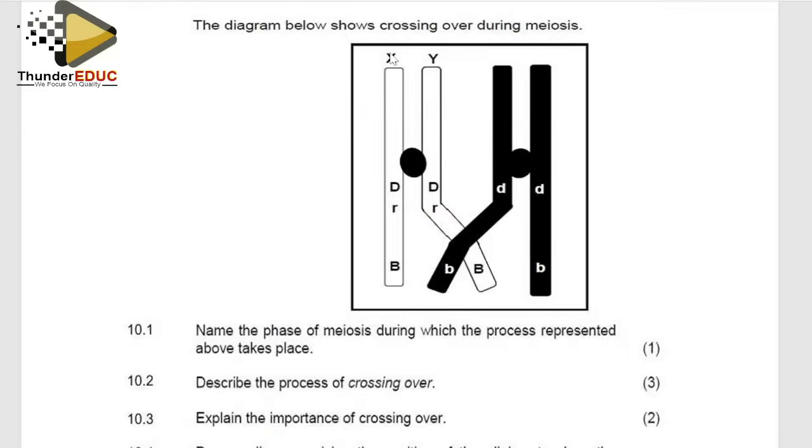Now they're saying: name the phase of meiosis during which the process represented above takes place. This is crossing over, so automatically it is going to be prophase 1. They're saying describe the process of crossing over.